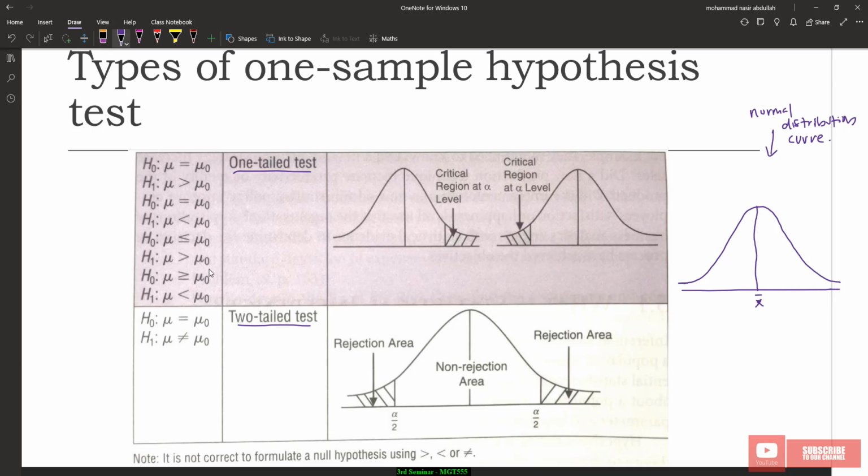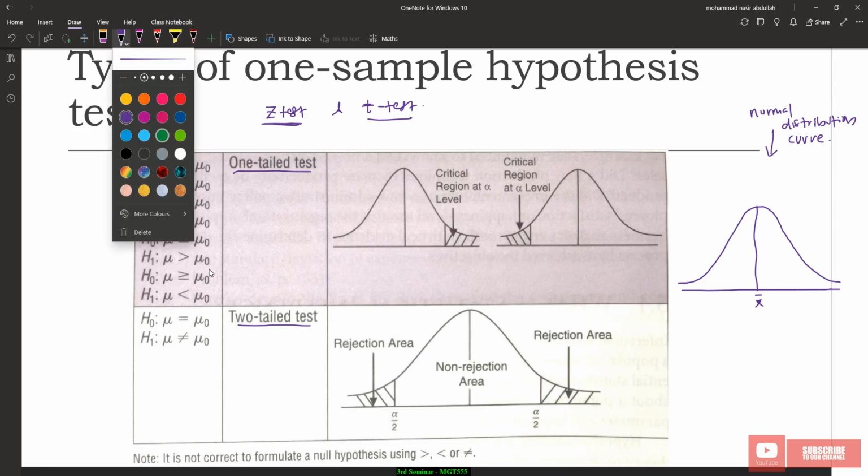So that's why kita akan tengok two types of test, which is Z test and T test. Z test is a normal distribution test. T test is also a normal distribution test, right? But T test is designed for a small sample. Before I go for small sample and big sample, kita tengok tail dulu, right? So for one tail test, I highlight guna ni.